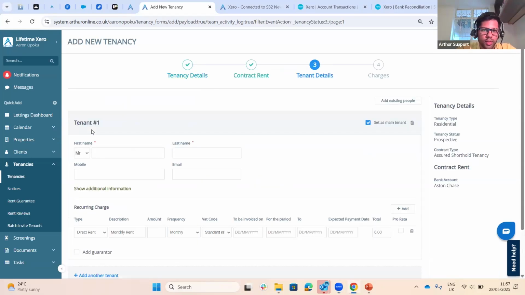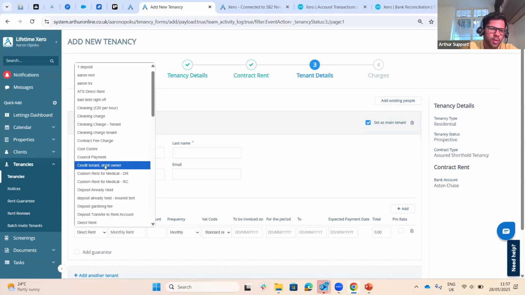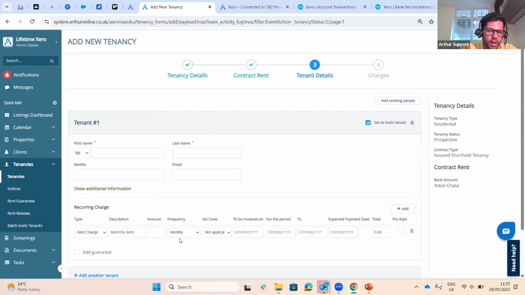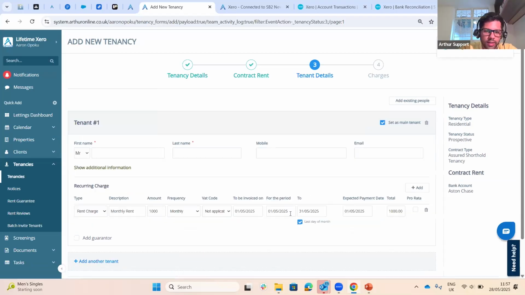And then when it comes to the third section, you would add the rent charge. So if you're managing the property on behalf of the landlord, the transaction type you would use is always rent charge, not direct rent. So let's say the rent was 1,000. And then this is the invoice date when you want to charge the rent and the period the first rent is related to.